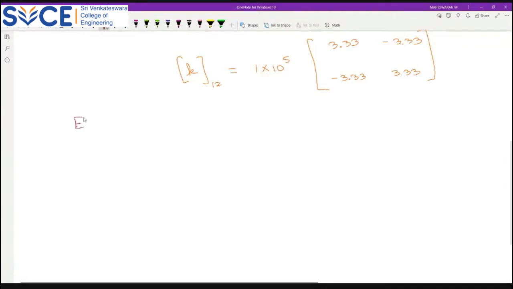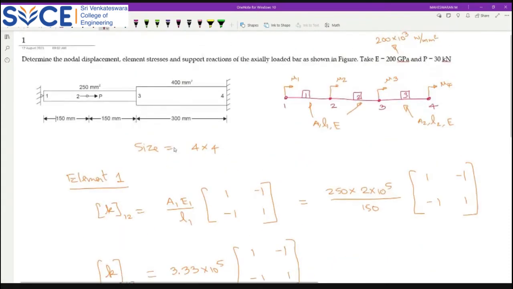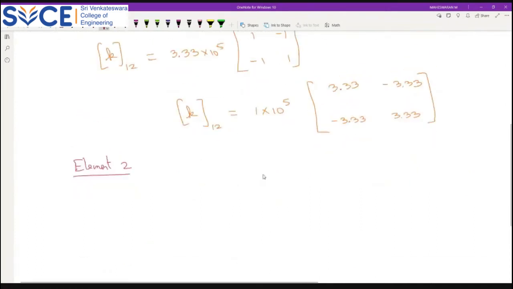Element 2. If you look here, the length of element 1 and 2 is the same. The area is the same. Young's modulus is also the same. There is no difference between element 1 and element 2, right? The same formula I'm going to apply: A1 E1 by L1, 1, minus 1, minus 1, 1. In that case, surely I'll get the same value.